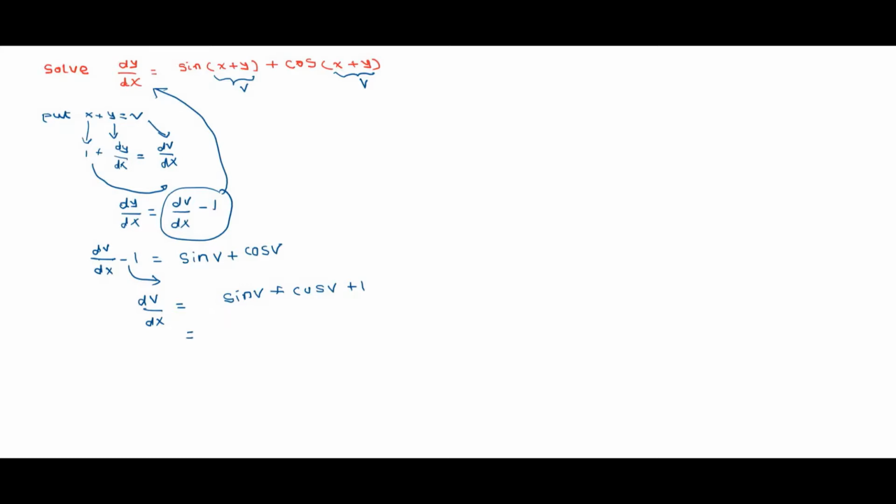This is equal to, now by using the half angle formula, sin v we can also write as 2 sin v by 2 into cos v by 2, plus cos v.